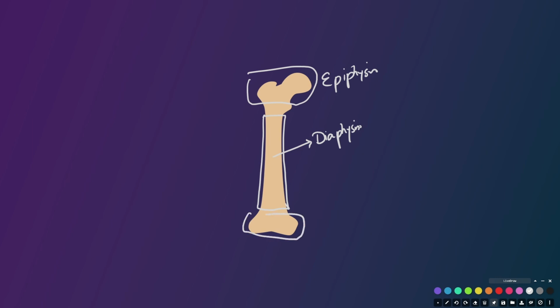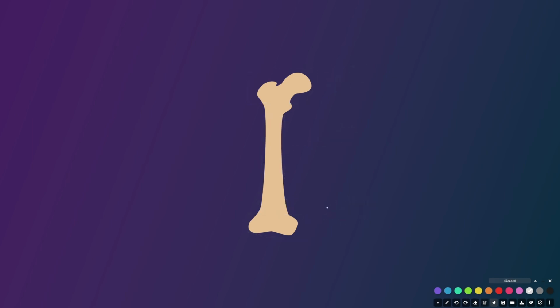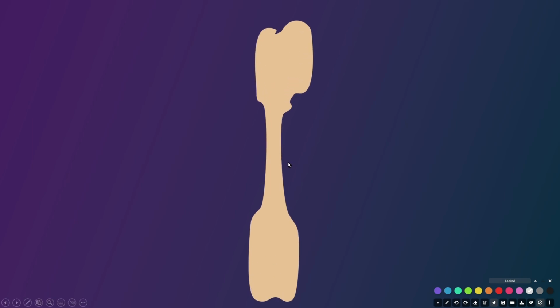Let's just imagine that we have the diaphysis and epiphysis. Now what actually happens is that if this bone was formed with the help of intramembranous ossification, then the diaphysis would not uniformly grow. The diaphysis would have stayed almost the same length, but epiphysis would have grown like this. So bone would have become totally misshapen.